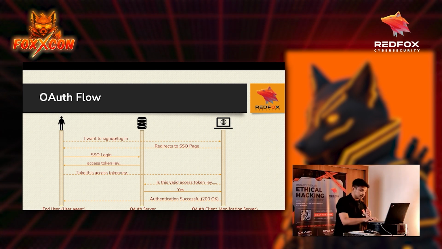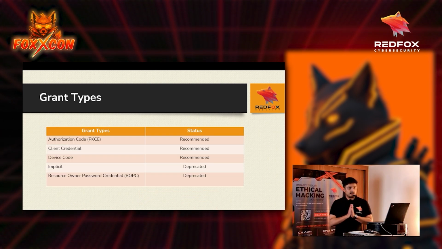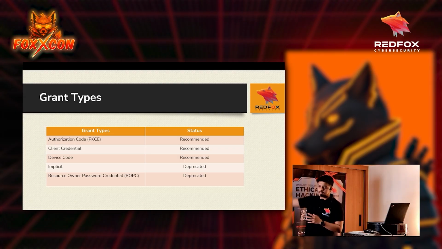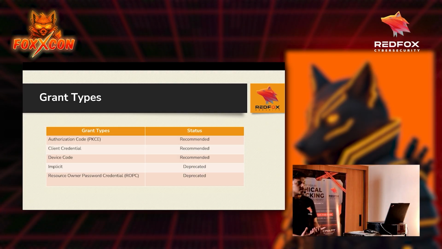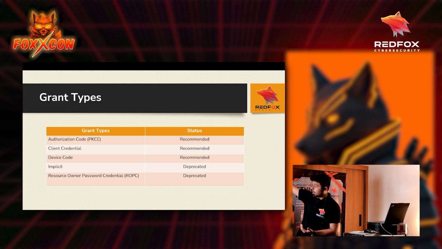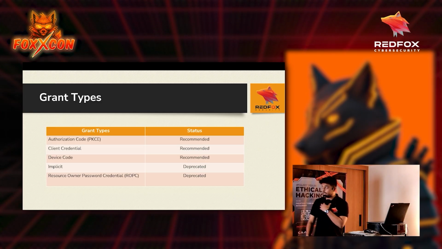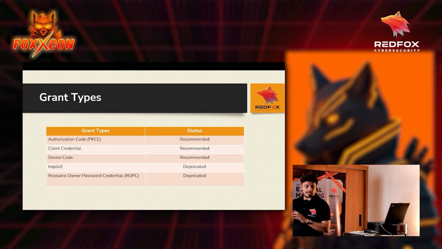And after this, now the main thing, that is the grant types. This is how the OAuth server decides to provide you access to the application. These are the 5 access grant types, out of which these 2 are deprecated.